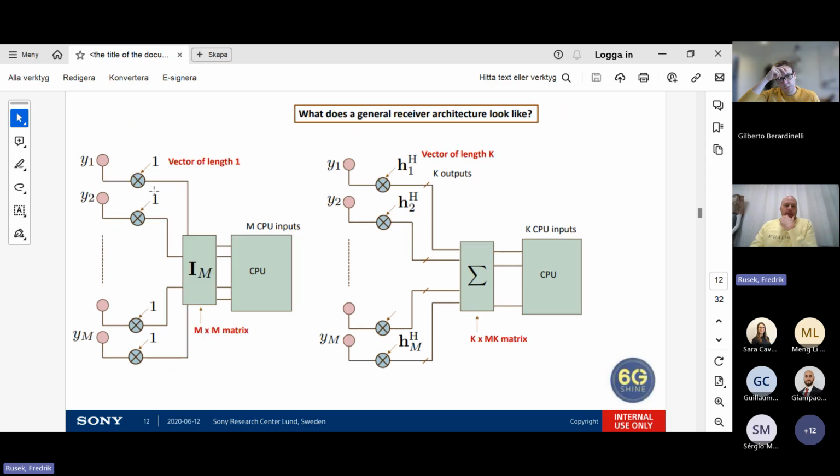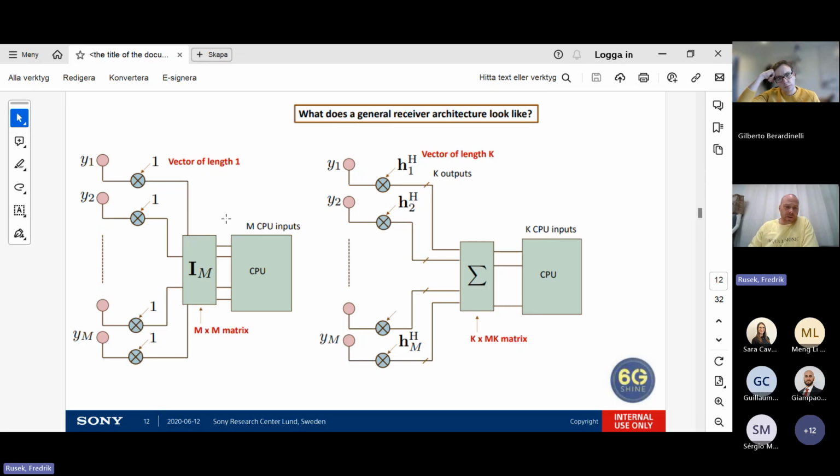I can also insert a matrix here, and I take the identity matrix, because if you take all those inputs and multiply by the identity, you still have the same thing. So by just introducing these identity operations, we have almost unified these two receivers.